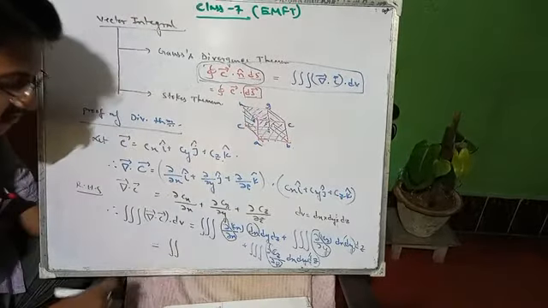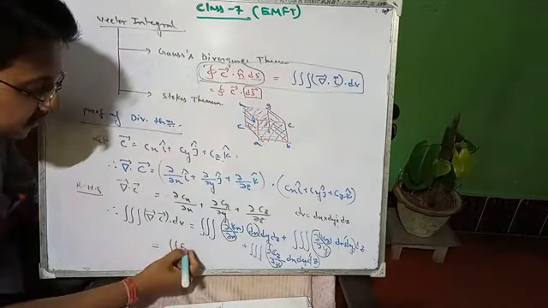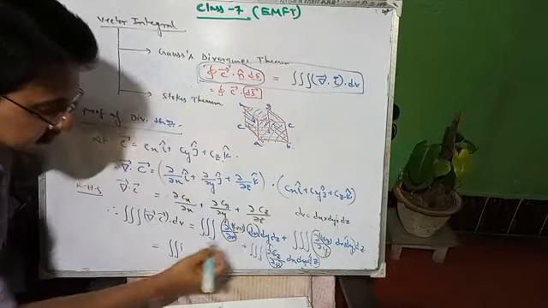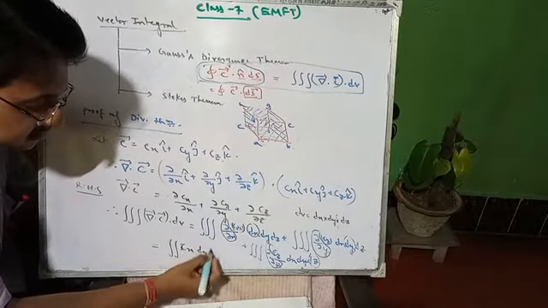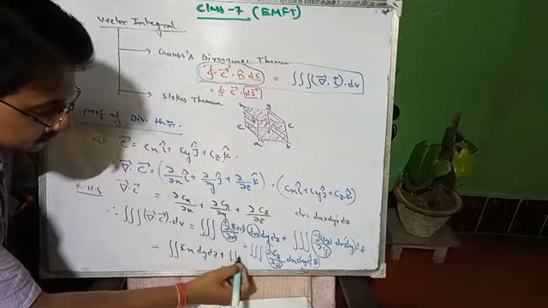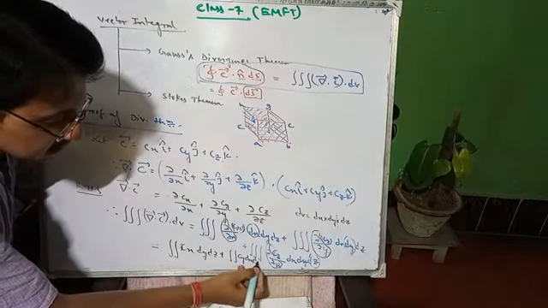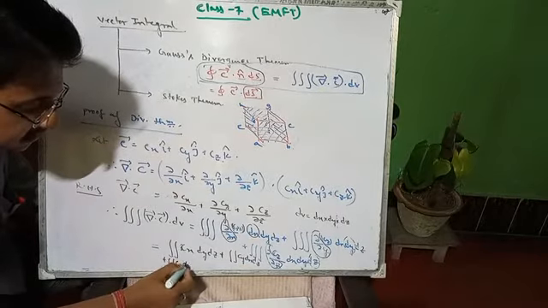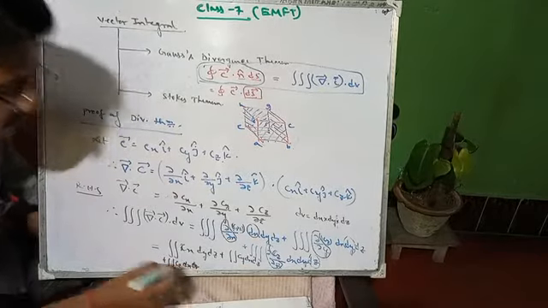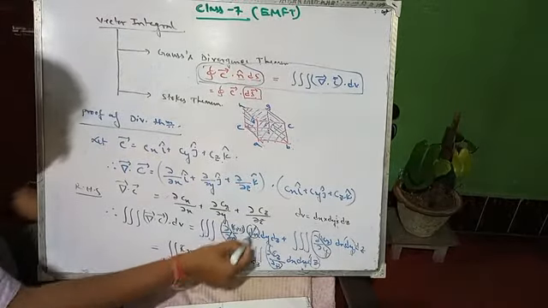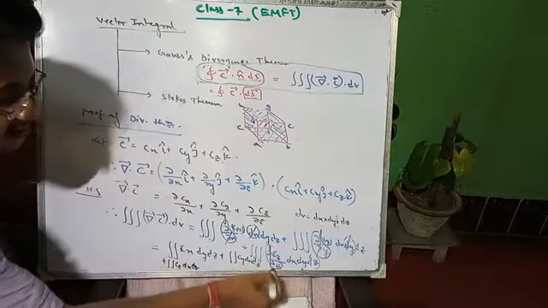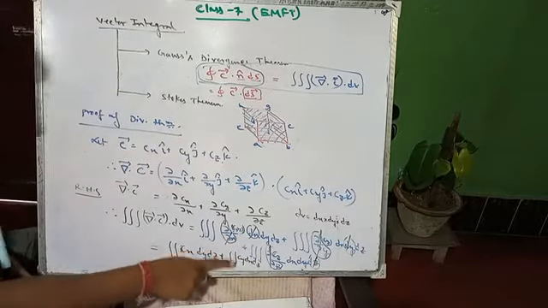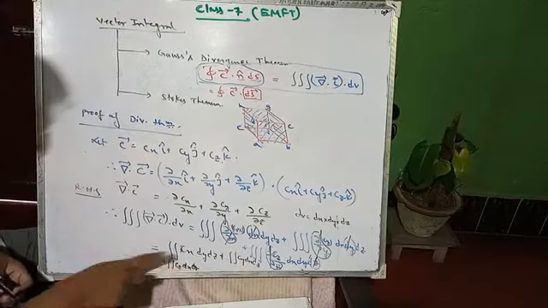It will become a double integration: Cx dy dz plus Cy dx dz plus Cz dx dy. So Cx dy dz, Cy dz dx, and Cz dx dy.